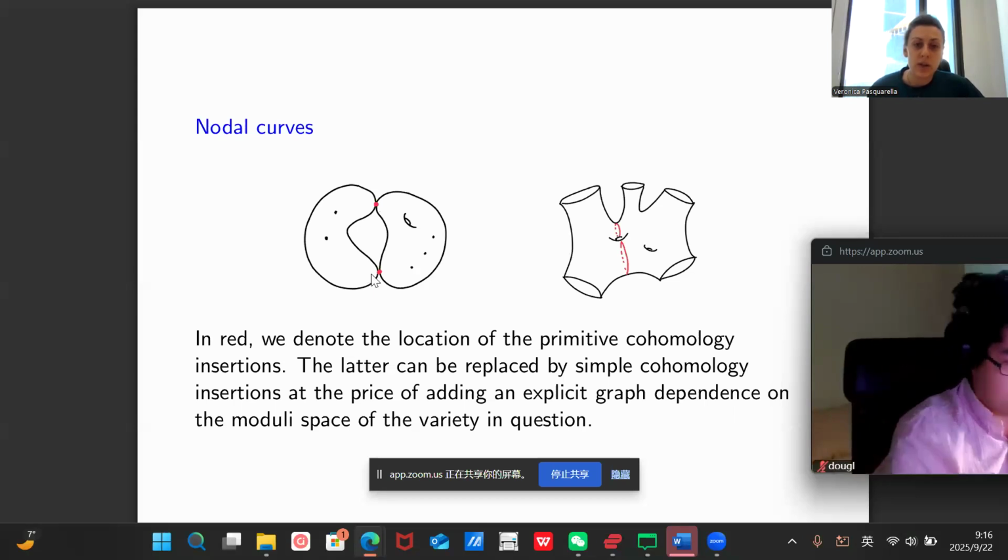Now, the red points actually tell you that these are nodes, as you can see from the picture, but at the same time, these come from replacements of primitive insertions. And so this tells us essentially that this curve comes from some variety that is an immersed variety in an ambient variety. So it's like saying it's describing a complete intersection in a projective space.